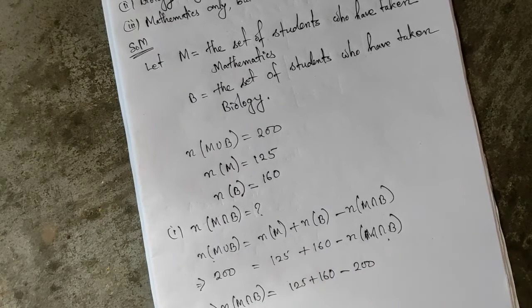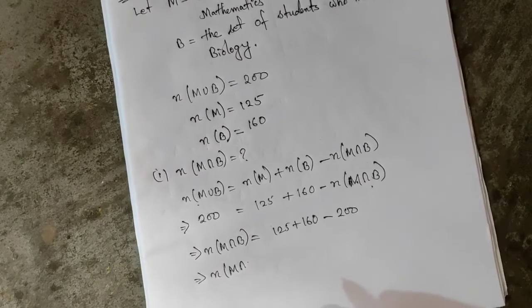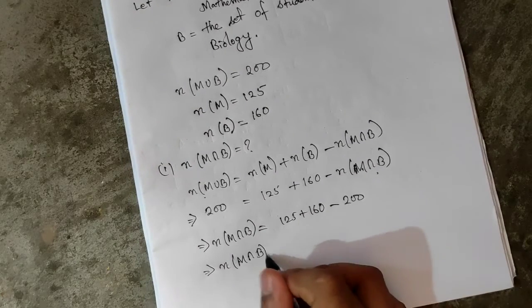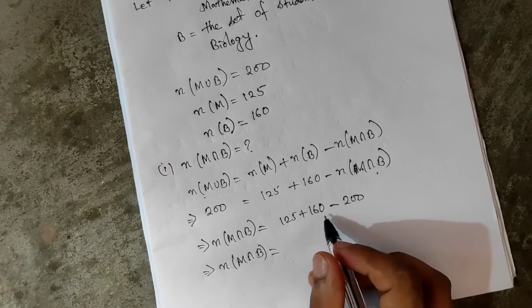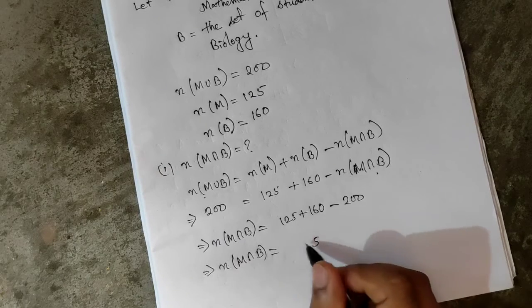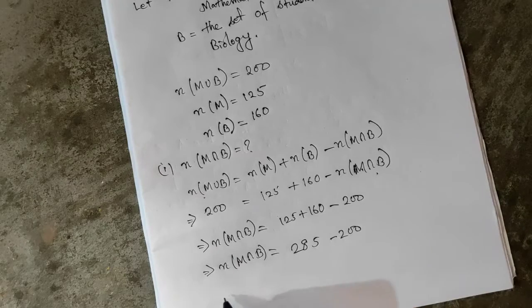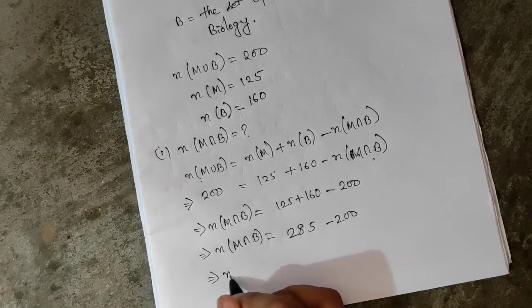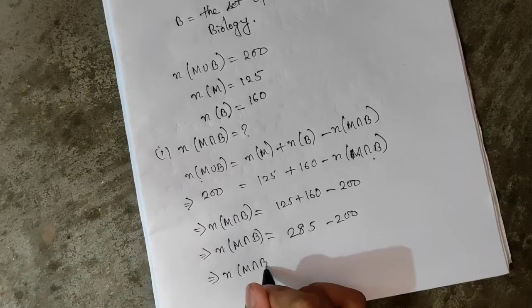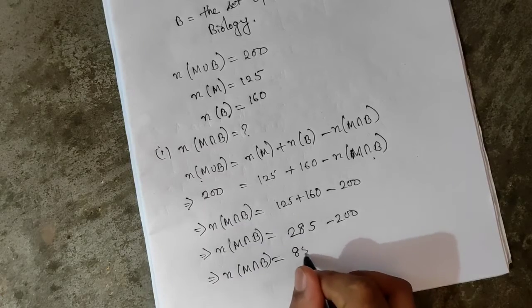If you solve this, 125 plus 160 is 285, minus 200. So you will get n of M intersection B equal to 85.